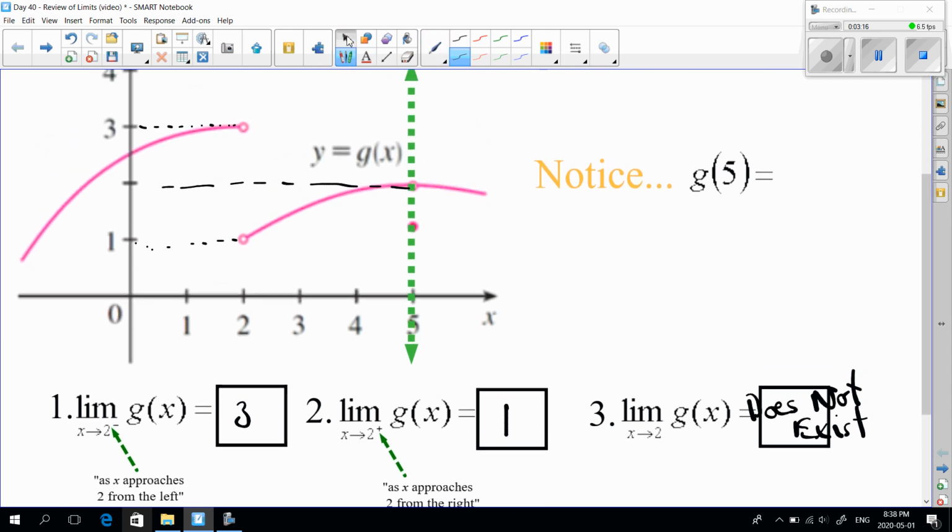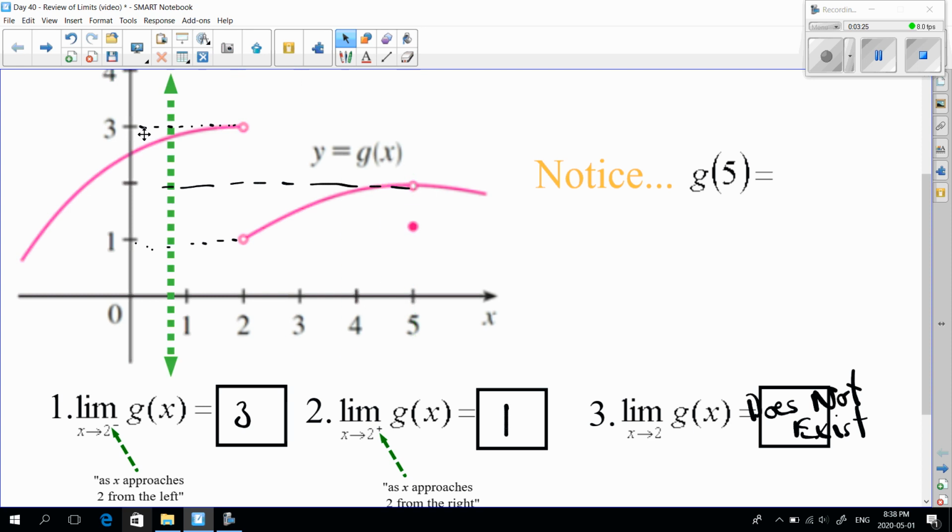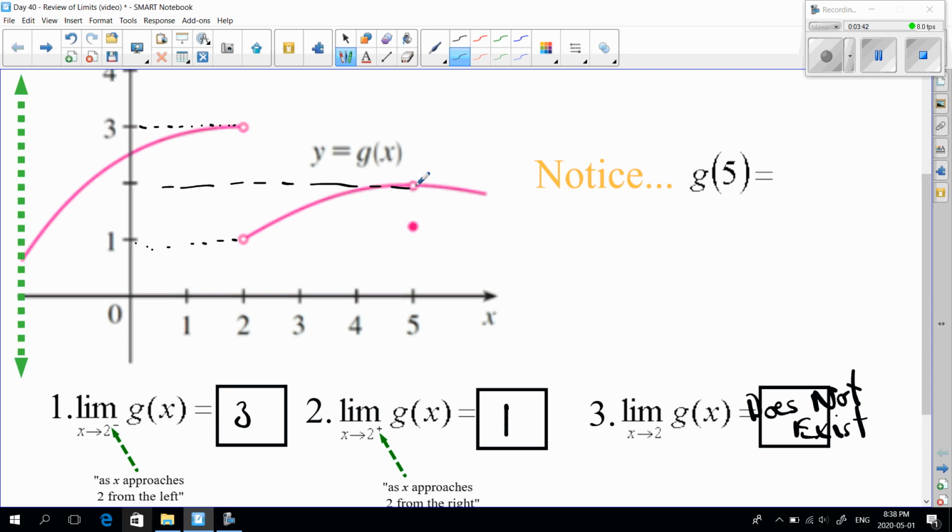Now, when you're asked to find something like g at 5 or g at 3 or g at whatever, that's when you can remove this little straight edge. What you're looking for here is the defined height of the function when x equals 5. If I go 5 units to the right, I have a closed dot right here, and I have an open dot at a height of 2.